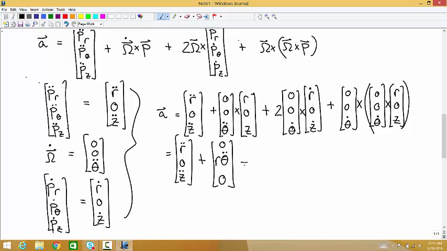And then plus 2 times, the only non-zero one is r dot theta dot. Plus 0, 0, theta dot crossed with, here we have 0, 0, r theta dot.